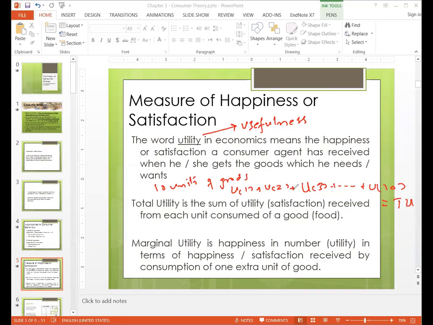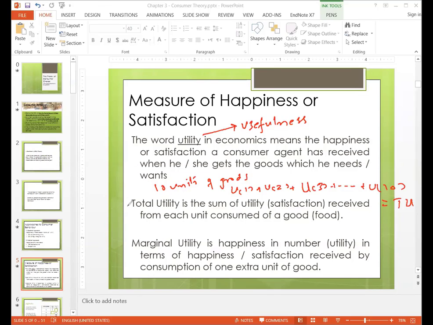Suppose we went to eat halwa puri, and you had 3 puris. The utility from each puri will be different, but the total utility will be the utility from the first puri and second puri and third puri. So that will be equal to total utility. This is the first term that is important in our discussion, the total happiness that we received from that activity.